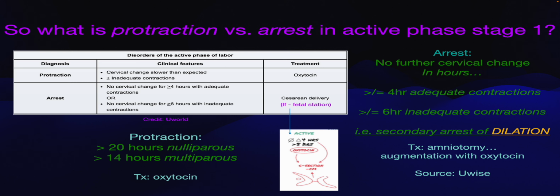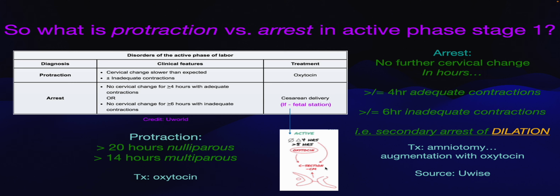No further cervical change in 4 hours with adequate contractions, or let's say 5 or 6 hours with inadequate contractions. Go ahead and give oxytocin. Still, we're not seeing any cervical change, not making any progress.